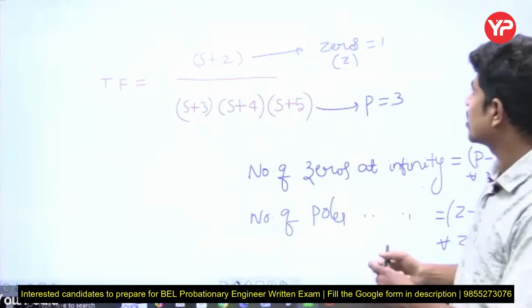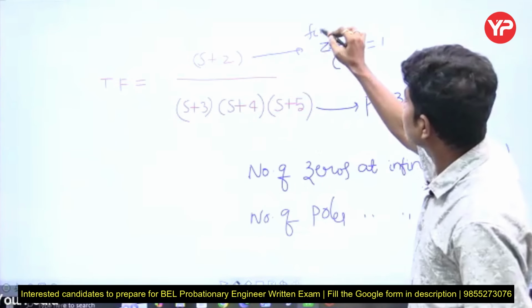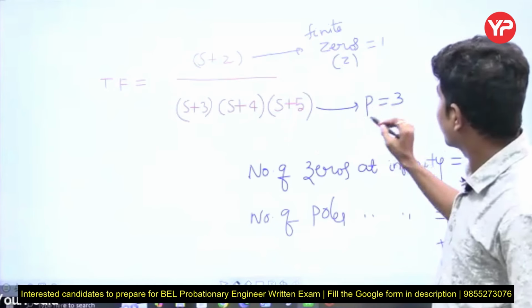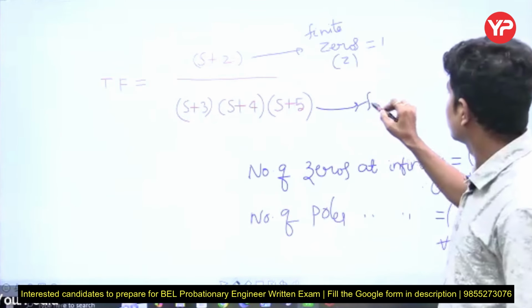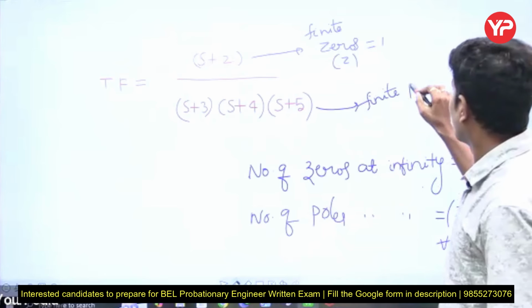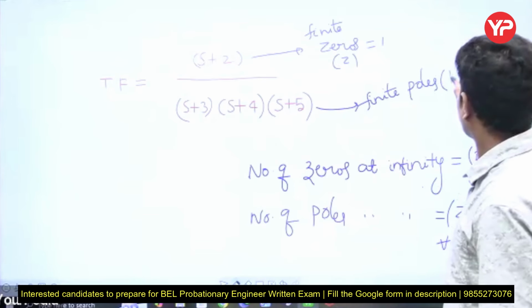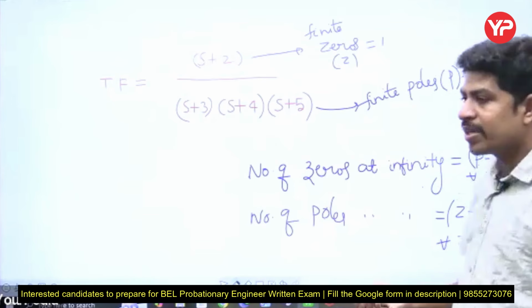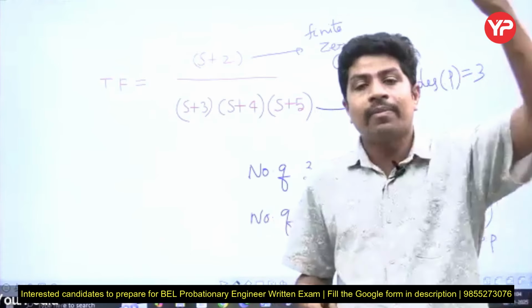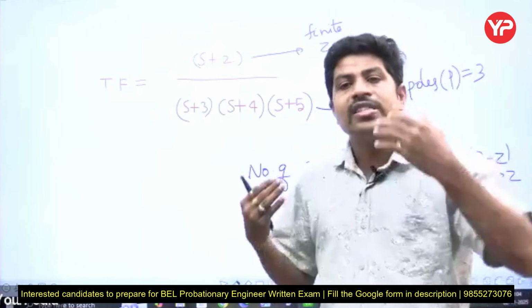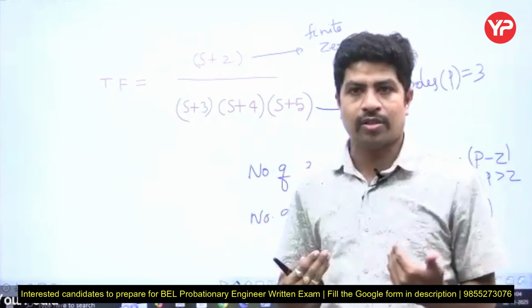Finite poles and finite zeros. Finite means which are visible, which are really there. Infinite means which are not there, which is our assumption or the scientist's assumption.